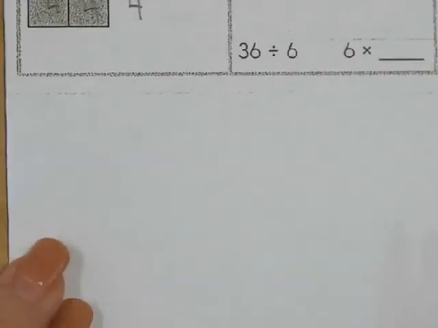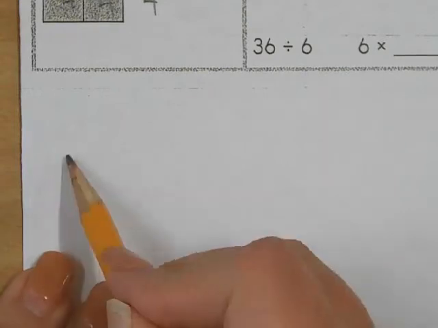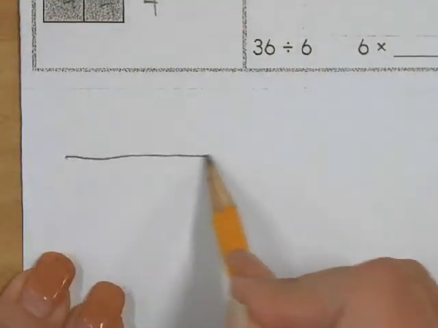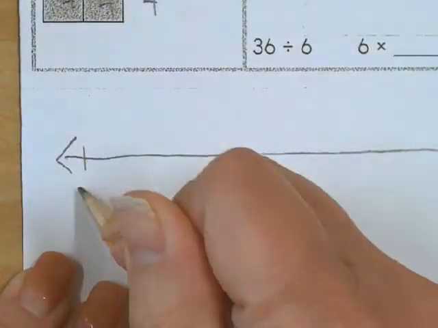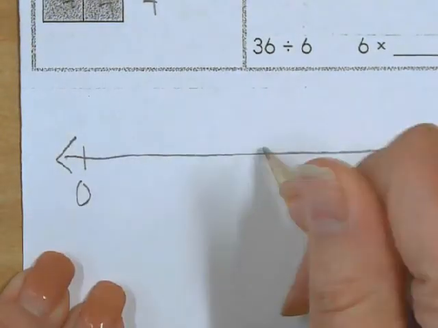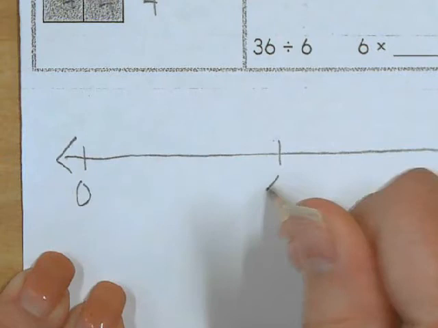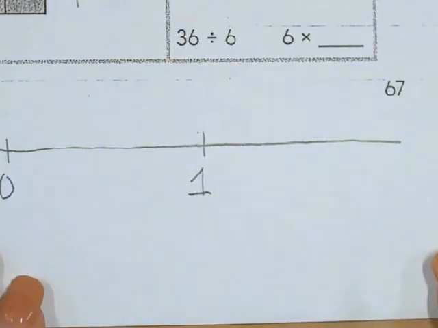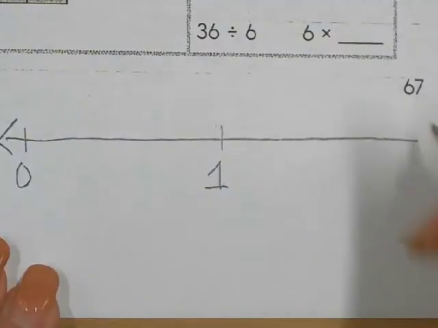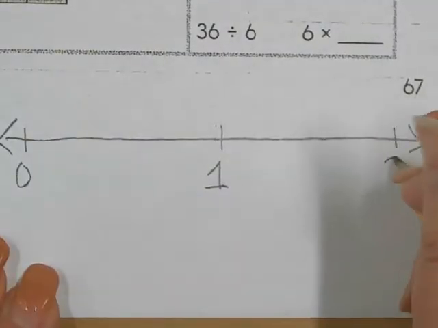Now, if I wanted to take this idea and place it on a number line, and we've talked about taking fractions and placing them on a number line before, remember, you had 2 whole rectangles.